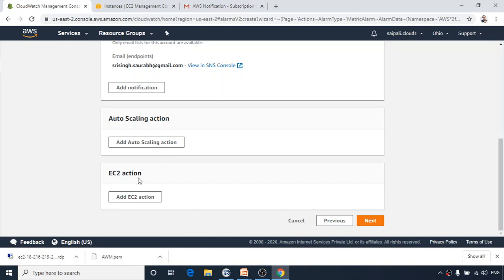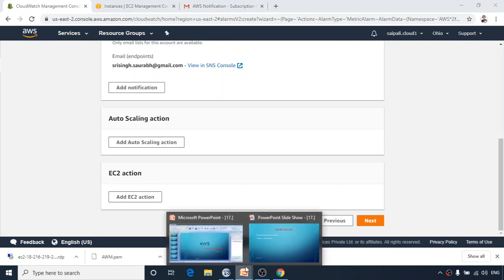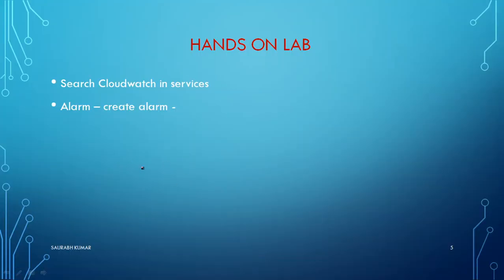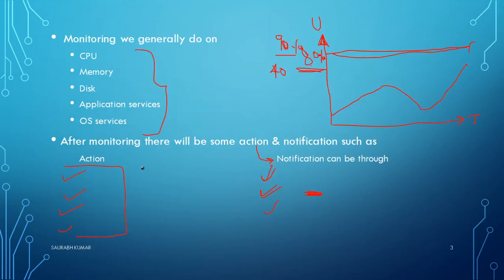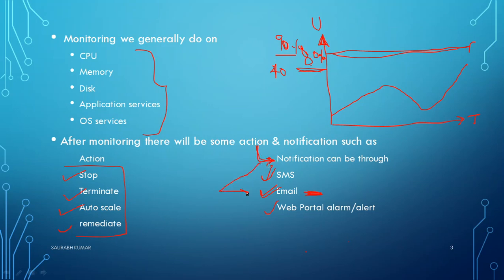Then EC2 action, what action you want to take. As we discussed when I go back to my slide, whenever we talk about monitoring, there are two things. One is notification. So I have set the notification that it will send an email to me whenever this monitoring triggers.